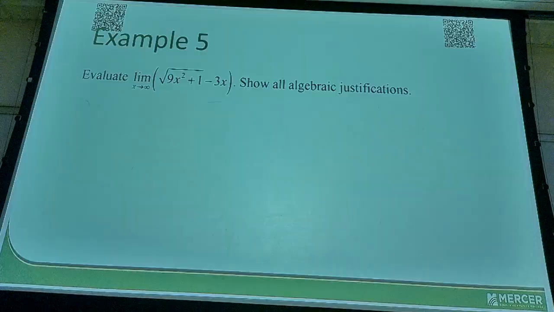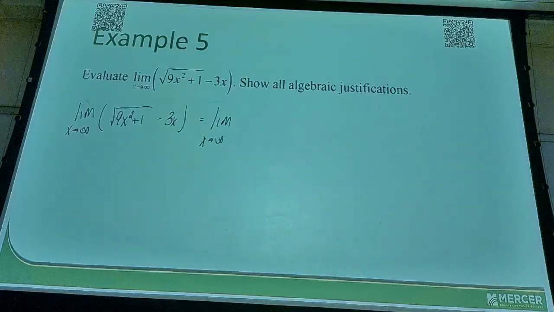The negative 3x, though, approaches negative infinity. So that's kind of like infinity minus infinity, which is indeterminate. Oh, well, this is good news, though.